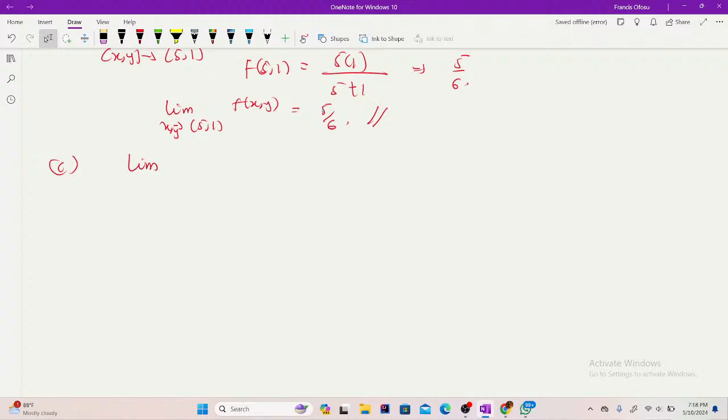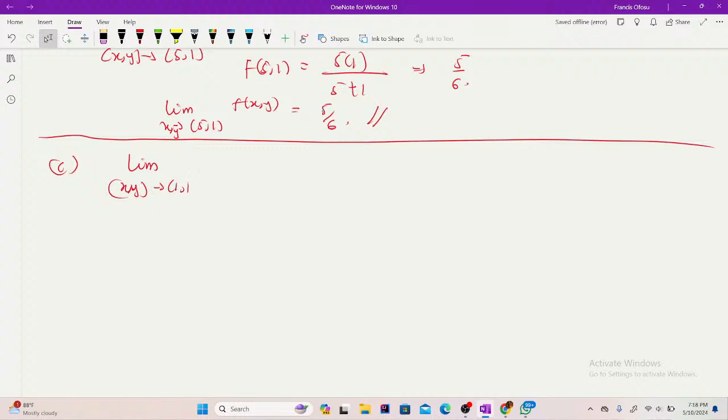So let's see this problem. Limit as (x, y) approaches (1, 1) of the expression 2x squared minus xy minus y squared, all over x squared minus y squared.